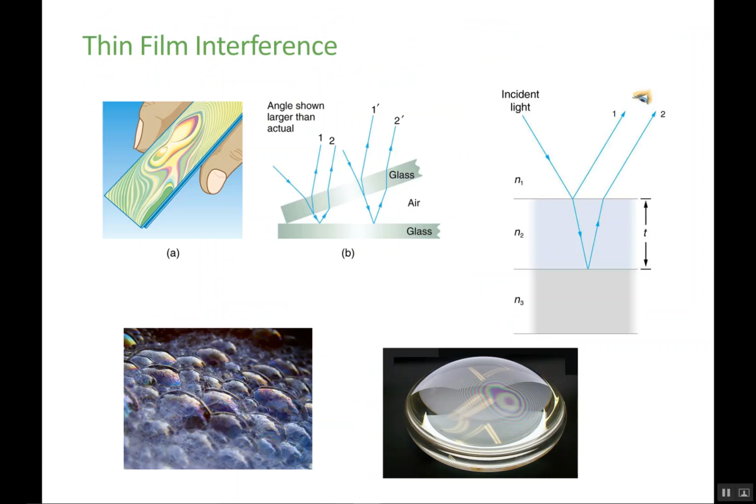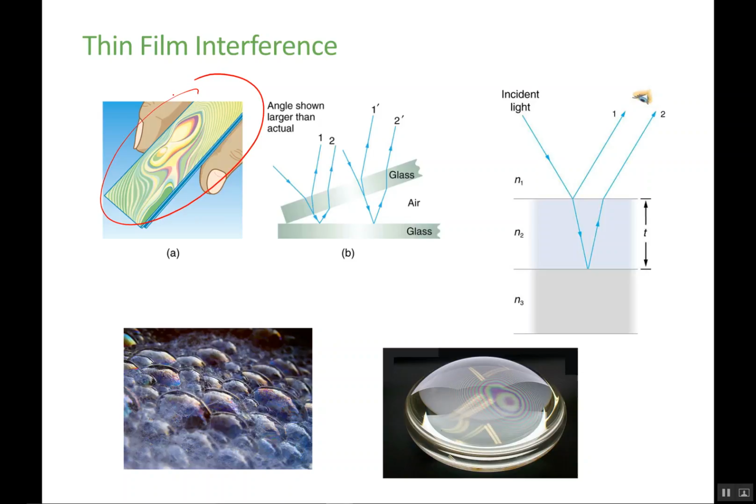Have you ever noticed that when two sheets of glass are pressed together, you might see rings of light and dark spots created on the surface of the glass, like is shown up here?